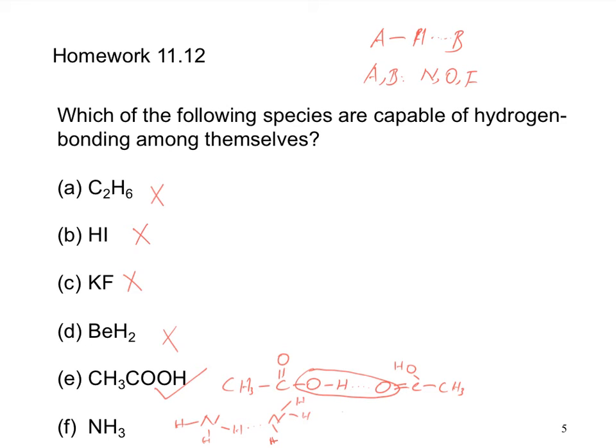Cannot draw there, but in this part, this can be considered as a hydrogen bond. And the answer is yes. In ammonia, yes, we can have hydrogen bond. Alright, let's move on.